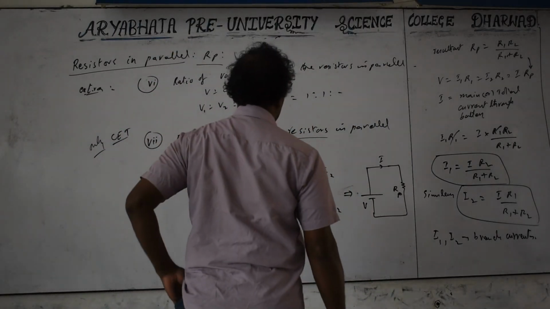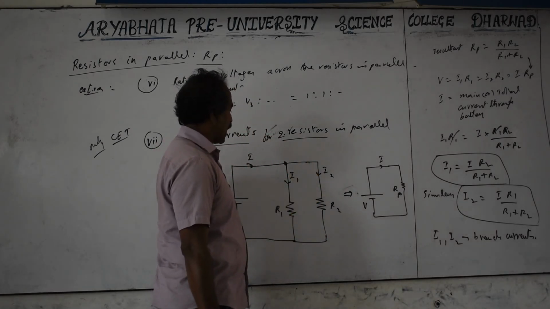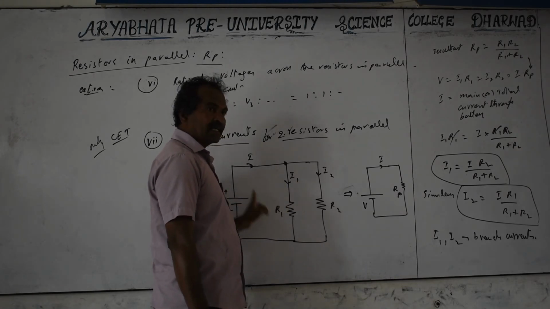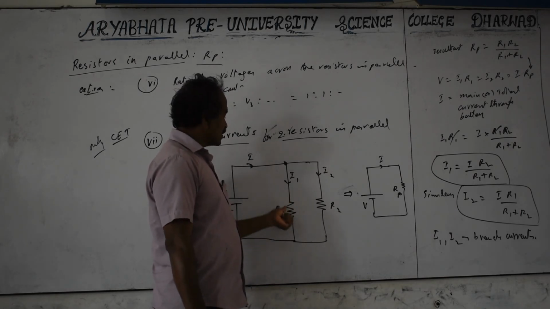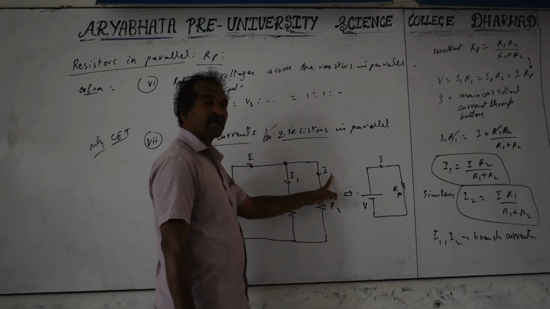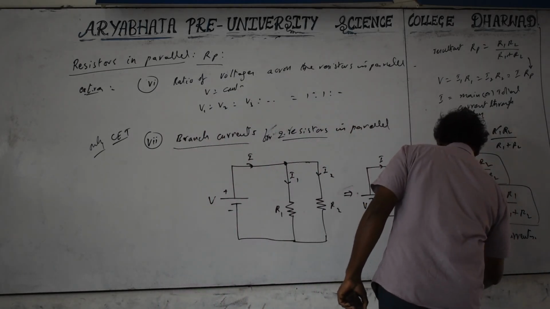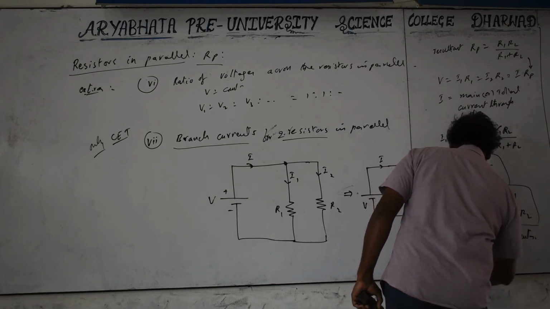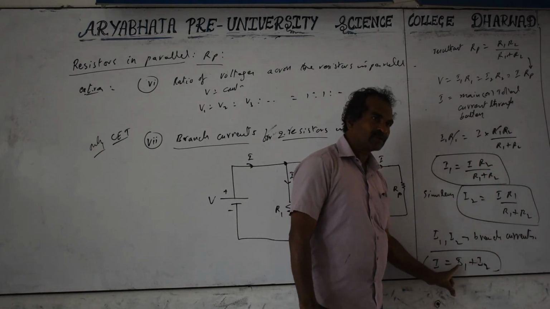If I take n resistors in parallel, the current is divided equally when the resistances are the same: more resistance, less current; same resistance, same current. So if R1 equals R2, then I1 equals I2, and I = I1 + I2 = 2 I1.